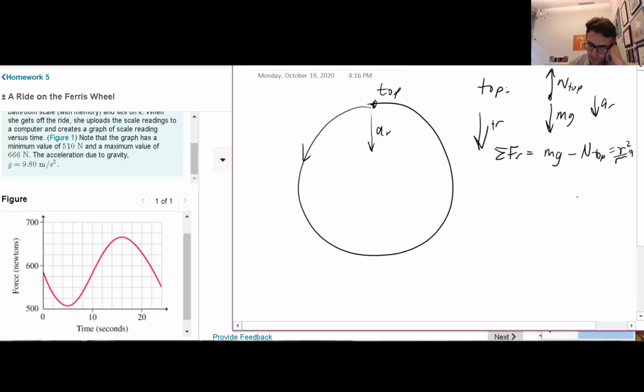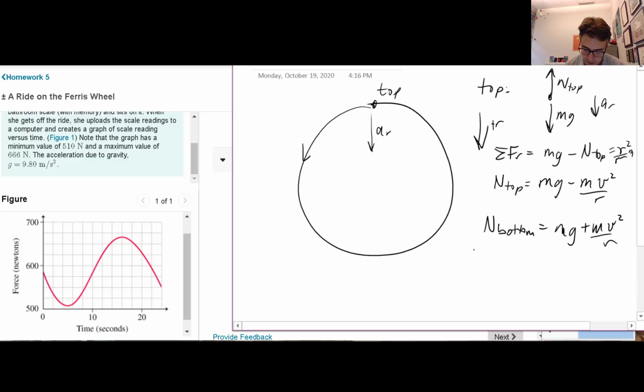So if you rearrange all that, the normal force at the top will be mg minus mv squared over r. Hopefully you can rearrange that and get that. And then similarly, the normal force at the bottom is going to be mg plus mv squared over r.